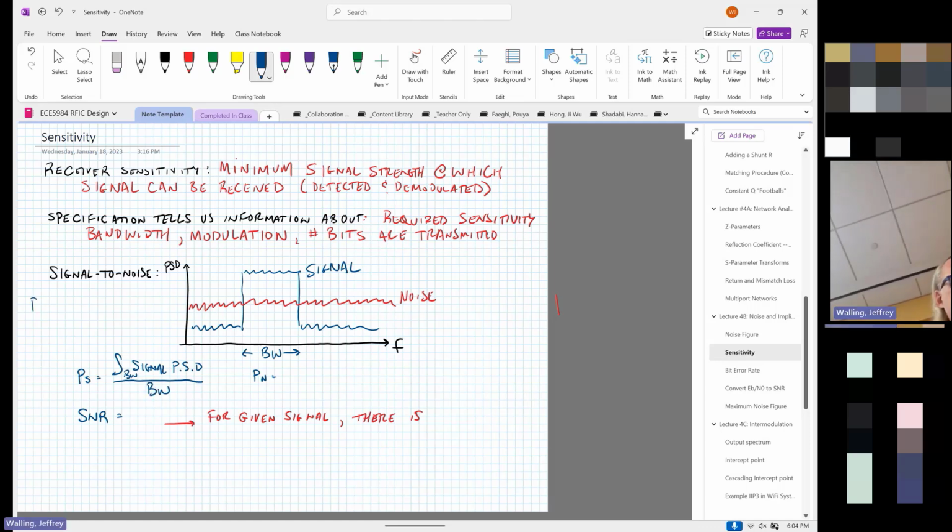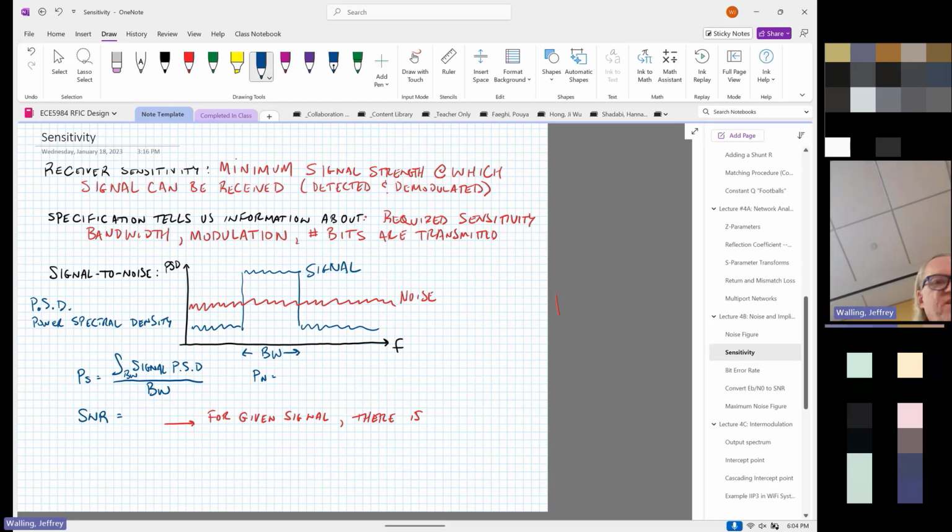And I should say PSD. What does PSD mean? Yeah, power spectral density. This just tells us an estimate of the power in any given unit of bandwidth. We normally will specify this in something like a dBm per hertz.